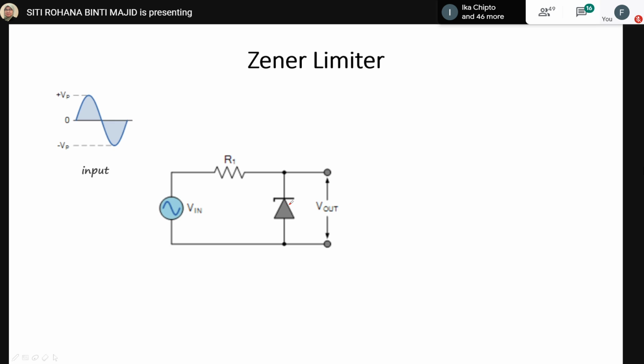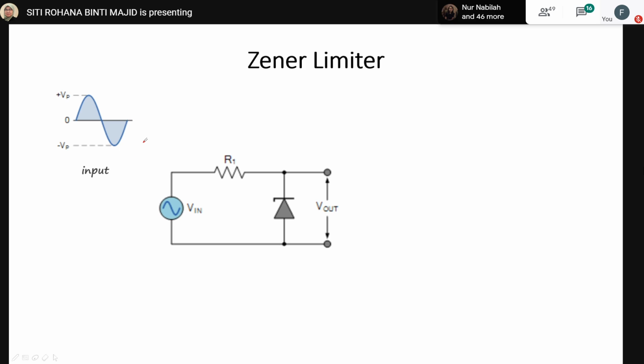In this simple circuit, the input waveform is an AC signal, which you are already familiar with. We have V peak at positive voltage, and also negative V peak at negative voltage.